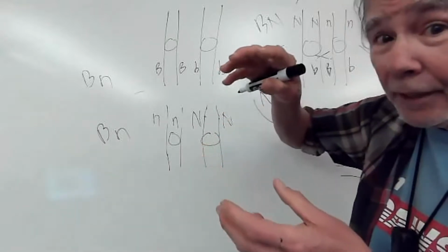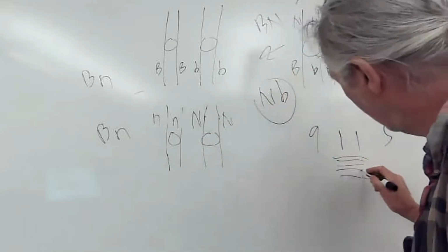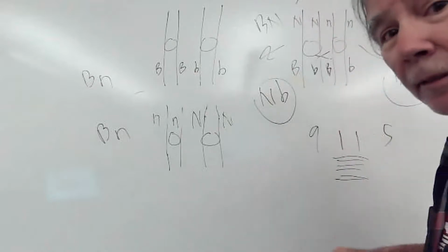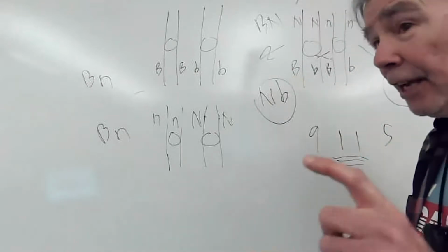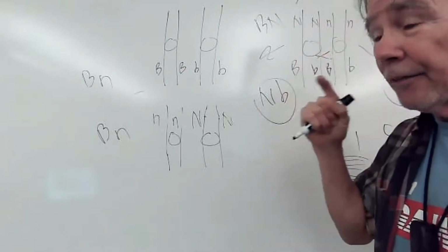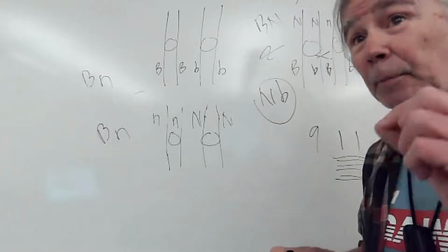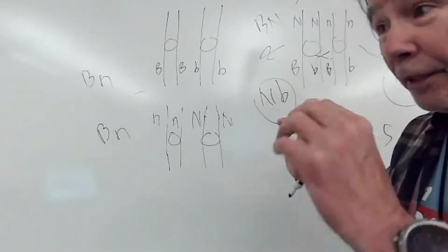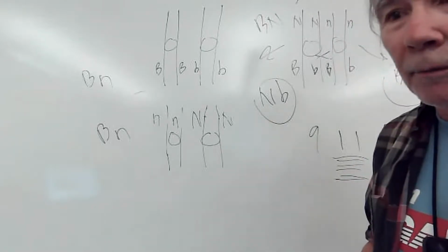And the farther apart they are on the same chromosome, the more likely you will be to get the recombinant phenotypes. As a matter of fact, if they're far enough apart on the same chromosome, they will independently assort, because if there's a 50% chance of getting a crossover event between them, they will independently assort, even though they're on the same chromosome.